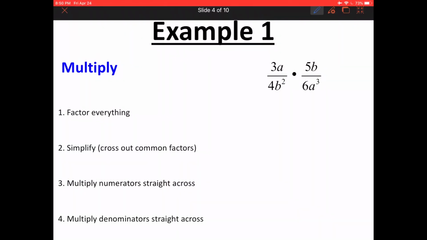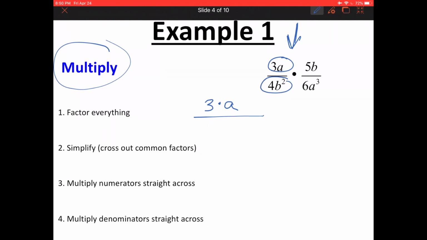All right, here's example 1. Multiply. And here we go. The first step is to factor everything, okay? Now, there's really no GCF, working backwards, difference of squares, so all we're going to do is break everything down, all right? So 3a, that's as simple as it goes, 3 times a, but 4b squared can become 2 times 2 times b times b.